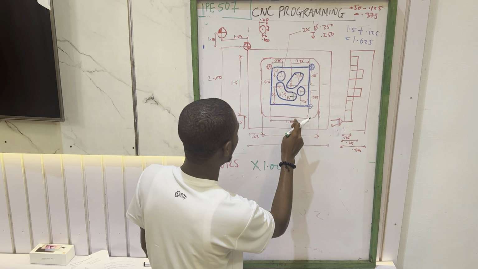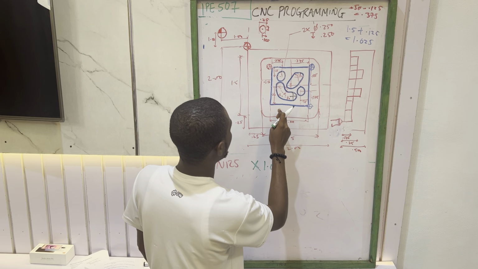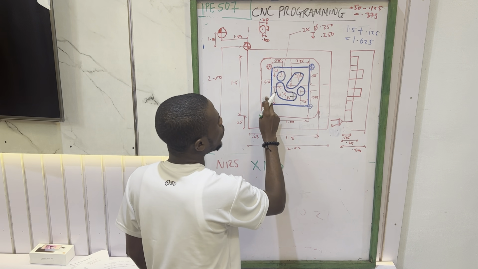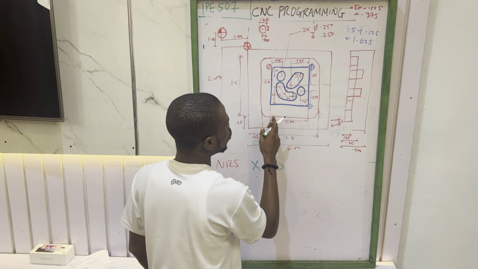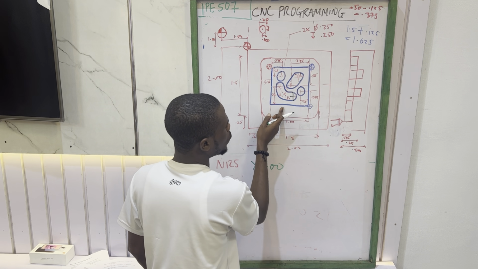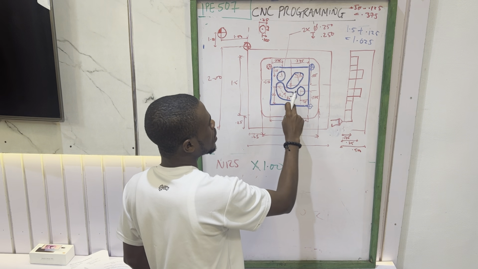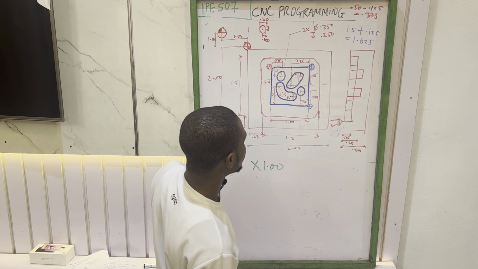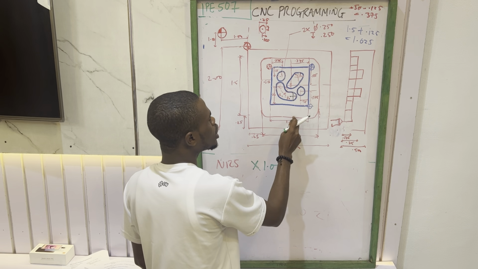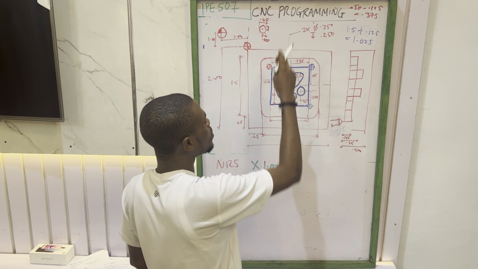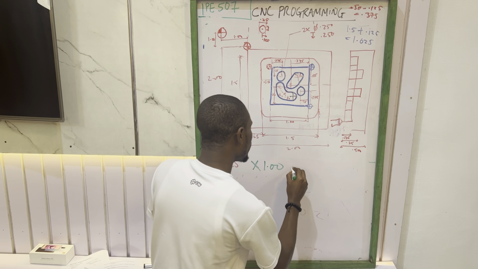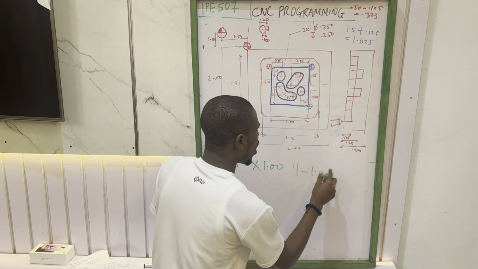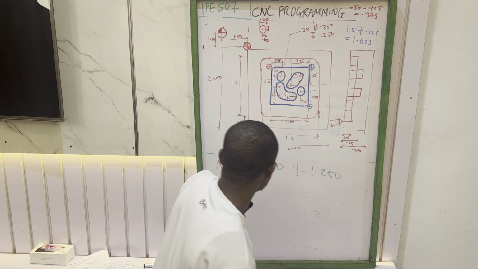Either way, so tracing it from the top, this will give me this 0.25 and this 0.25, and from here to here is 0.25. Yeah, I'm quite sure of that. It's 0.25, I'm very sure of that. So this is 0.25, 0.25, 0.25. So minus it from the full stop, which is 2.0. So that will give you on my y, it will be negative 1.250. So that's on my y.